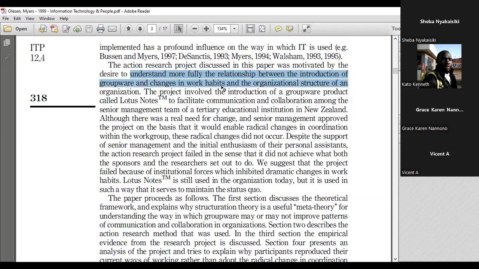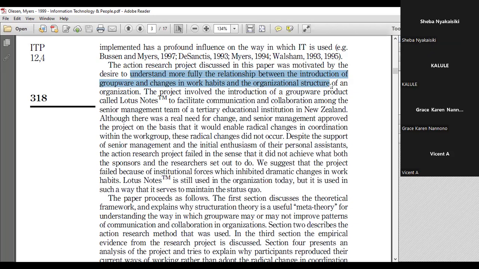So for one to point out what is the research objective, it was to introduce the groupware application to facilitate communication with the primary purpose of understanding more fully the relationship between the introduction of the groupware and the changes in the work habits of the organization. So far, does that make sense in relation to the research problem?